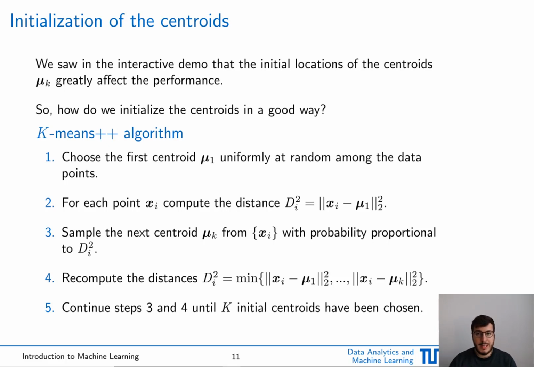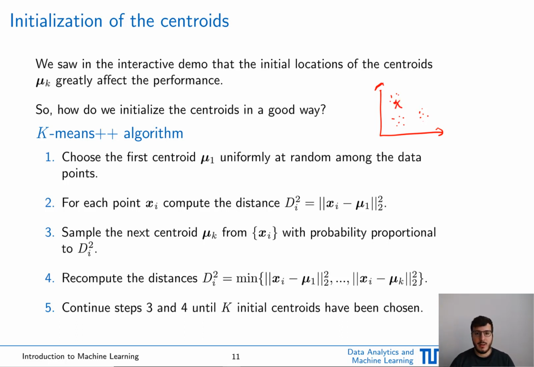Okay, so let's see how it works. We start with some data set as always, and let's say the data set looks something like this. The first thing that we're going to do is randomly choose one of the data points as our first centroid. Let's say we randomly choose this one, and this will be our first centroid.